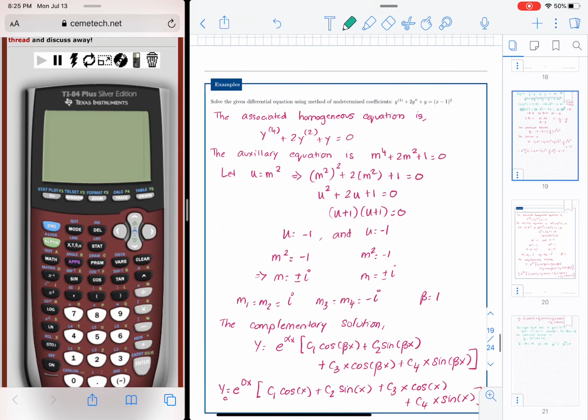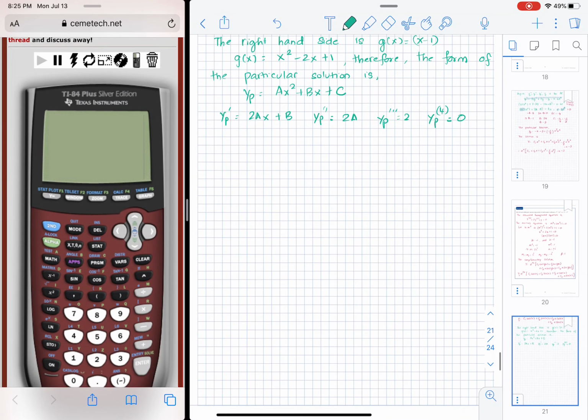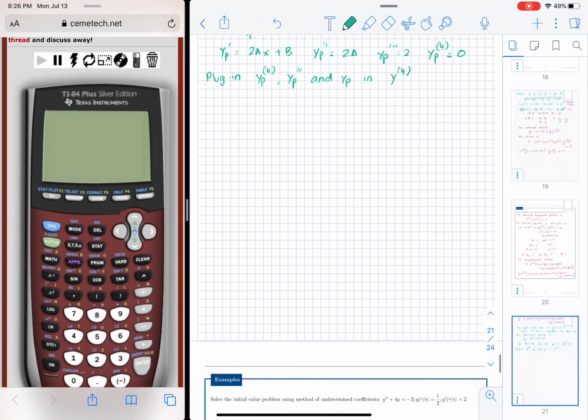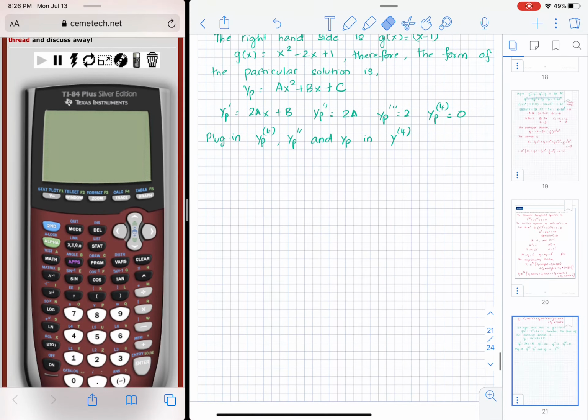So plug in the values, the fourth derivative, the second derivative, and yp. Is it minus? Plus. So the fourth derivative is 0, so we don't have to worry about that.